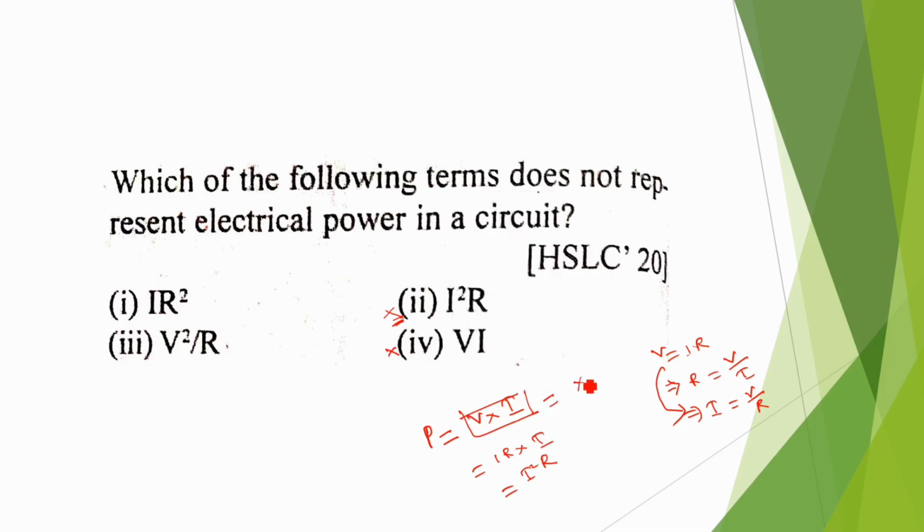In place of I we will put V by R. So this will become V square by R. So this will also represent electrical power in a circuit, so this will also not be the correct answer.